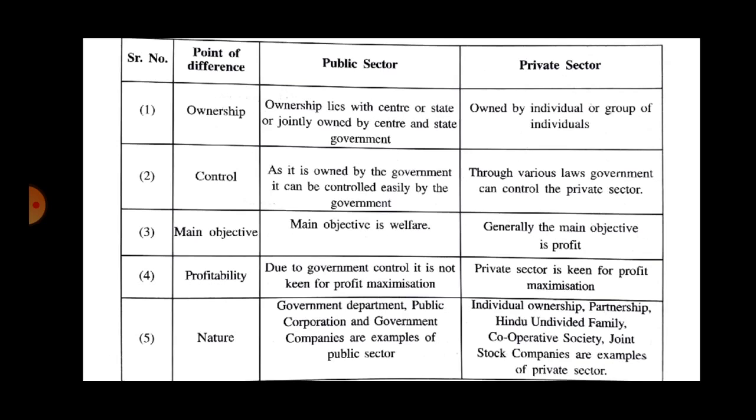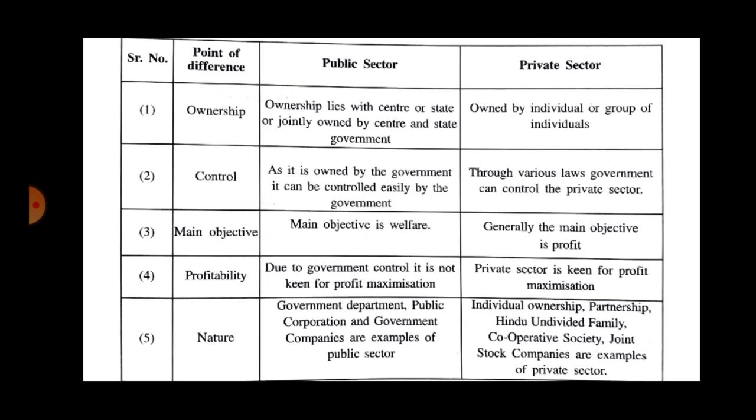And the meaning of private sector is that the ownership will be with individuals or group of individuals, and they have their own law. Their main objective is to earn profit, and secondary objective is social welfare. Now the types of private sector are individual ownership, partnership, Hindu undivided family, cooperative society, and joint stock company.